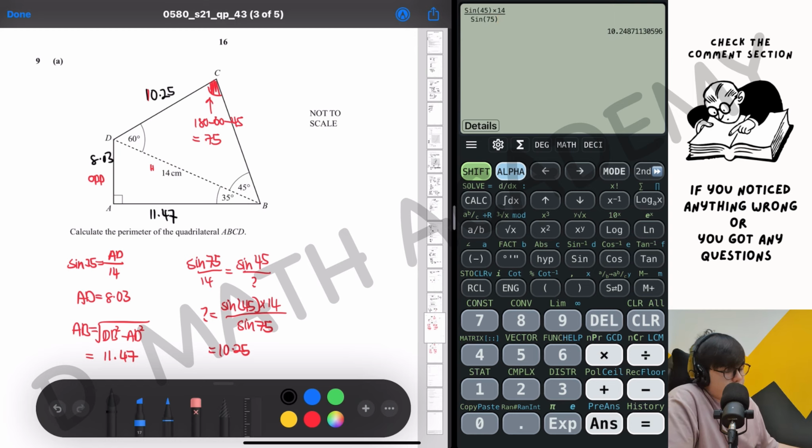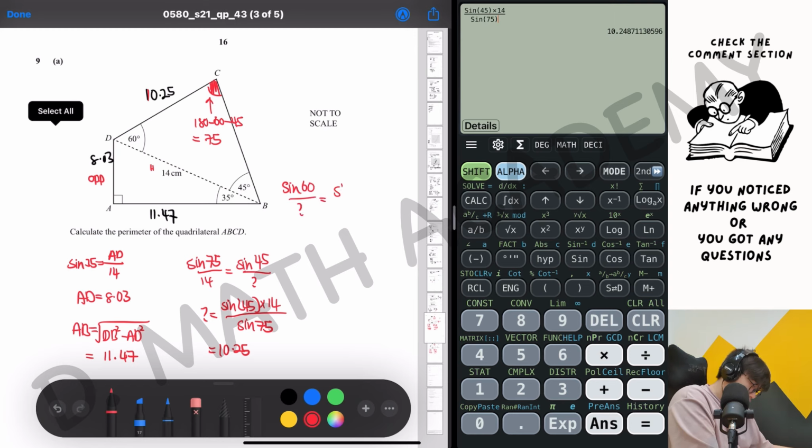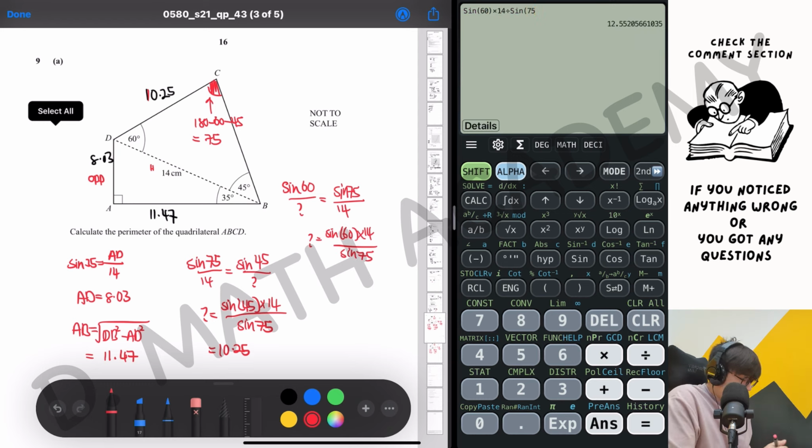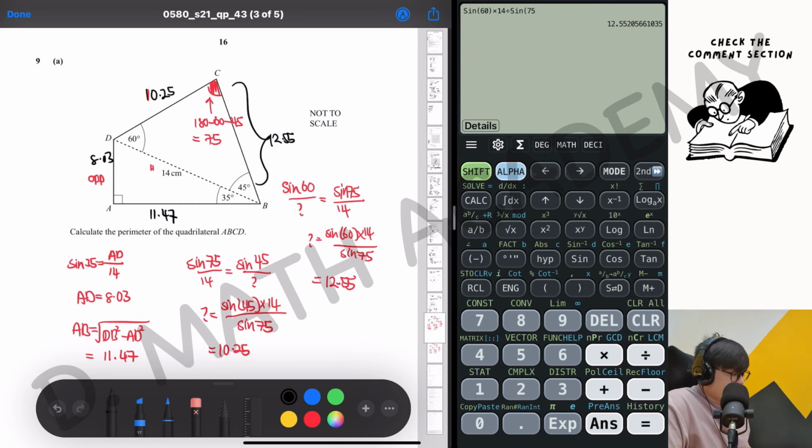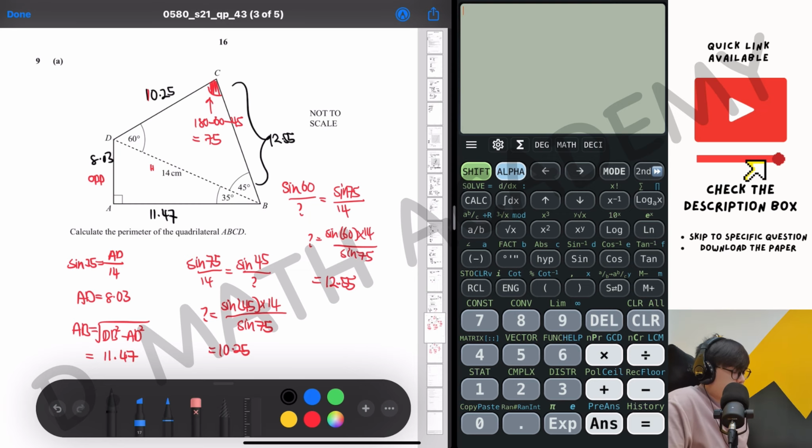Then we have one last part, which is to identify the CB. So you will get your answer as 12.55 here. So add them all up, you should be able to get the perimeter, 10.25 plus 12.55 plus 8.03 plus 11.47.